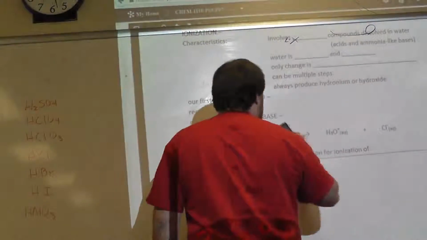Yeah. Okay. Are you talking about the first definition? This one? Or second? So your first definition of base is something that accepts a hydrogen. Something that accepts a hydrogen.